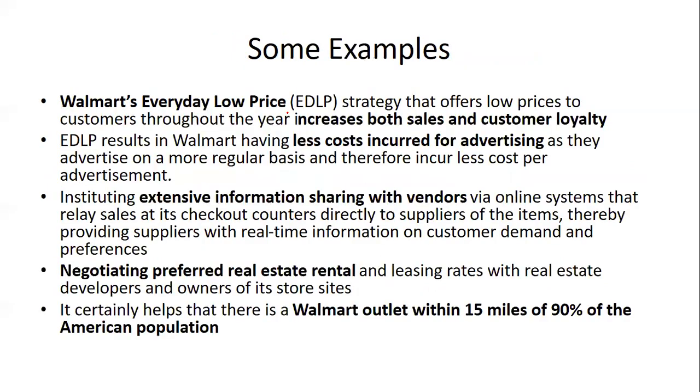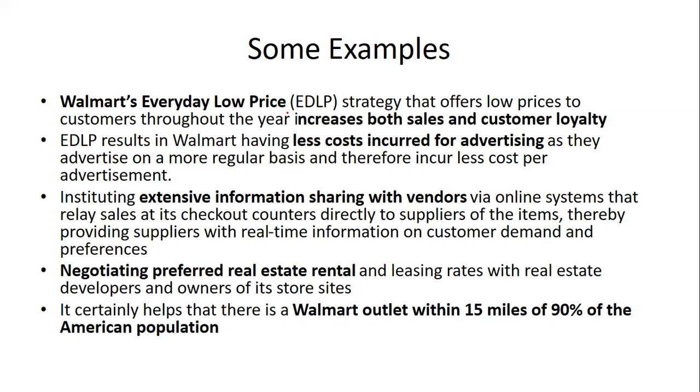Next, some examples are given over here. Walmart's everyday low price. Just for a better understanding, we can use the Walmart example. Walmart has less cost incurred for advertising, extensive information sharing with the vendors via an online system, where you can again save the cost. Negotiating can again help to save the cost.